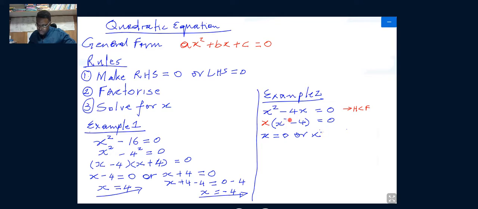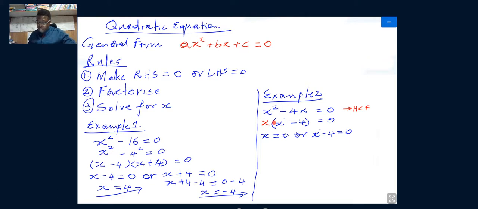Sorry. Let us correct this mistake. X minus 4 equal to 0. Taking out a common factor here, I did explain on the previous lecture that taking out a common factor is actually dividing by that factor, or that particular variable, or the number.